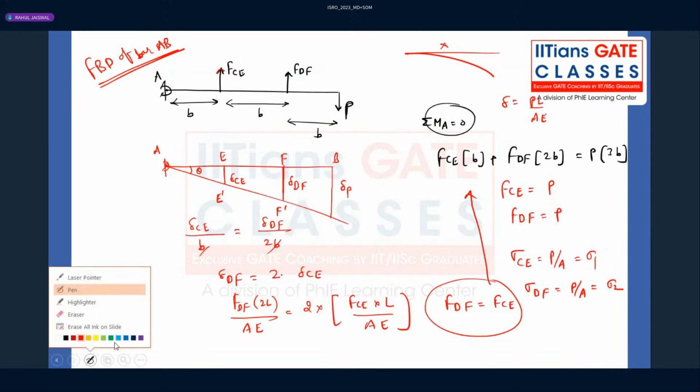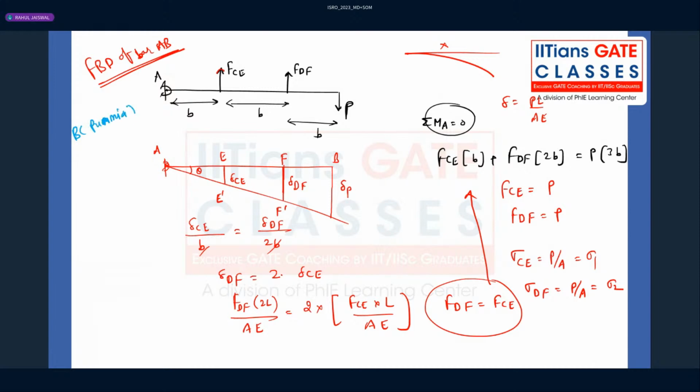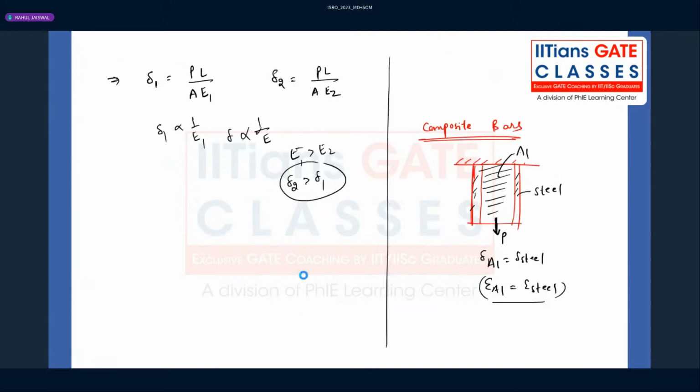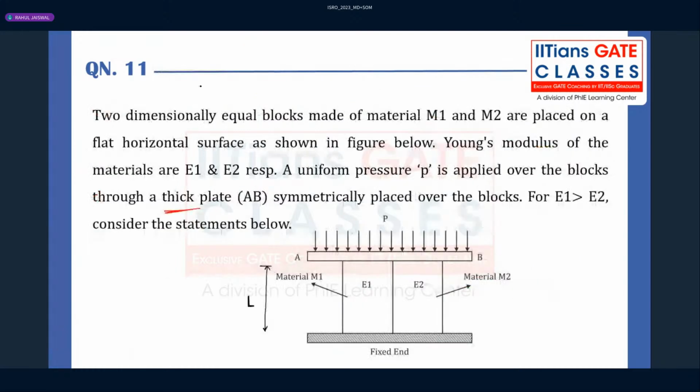So for this type of problem, try to see the B.C. Punmia book, in which many good solved examples are given regarding this type of problem. The problem they have given in ISRO, even the problem we have just discussed, they have also given.